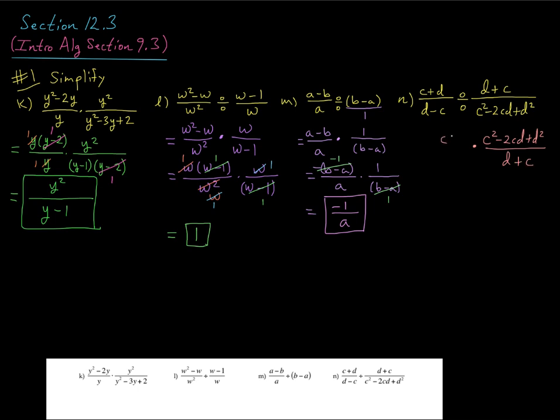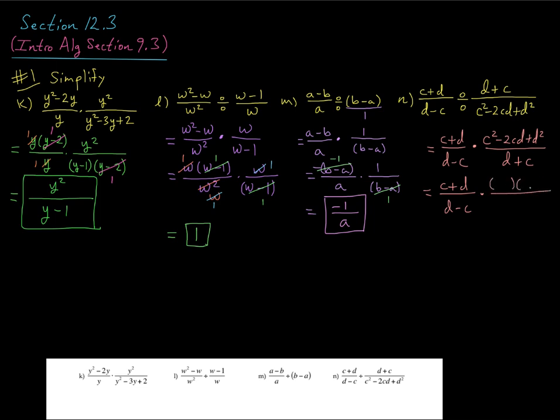This stays the same. All right, that's the first step. Next step, I can factor that second numerator there. So I'm going to factor that before I do any division.